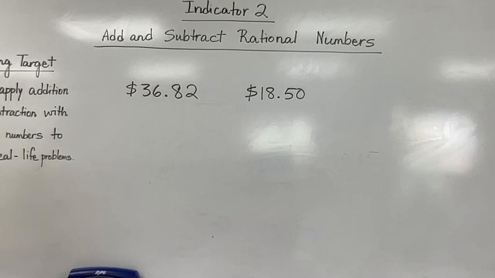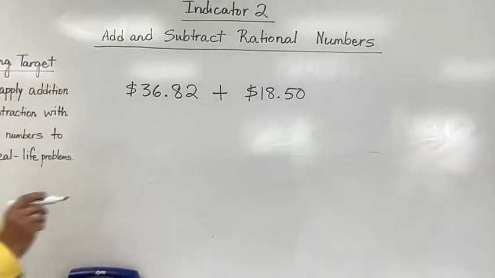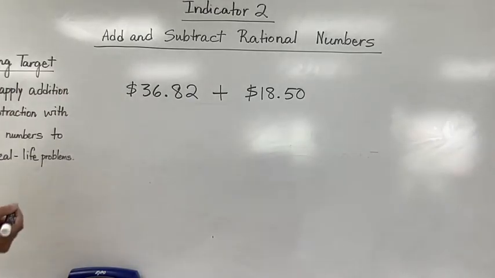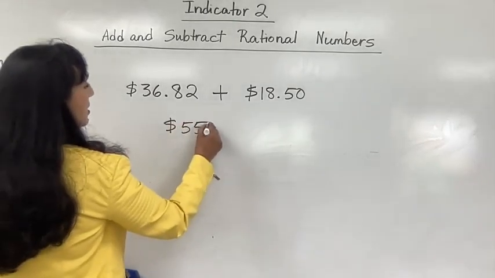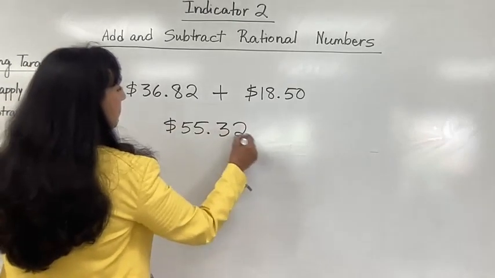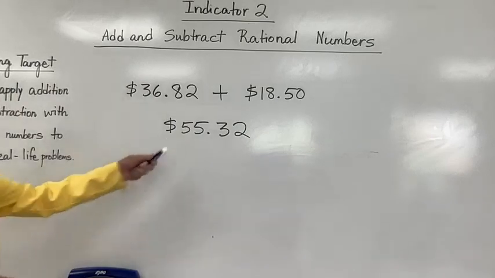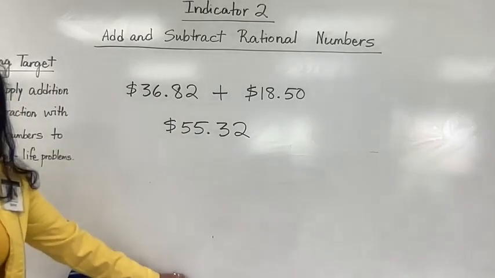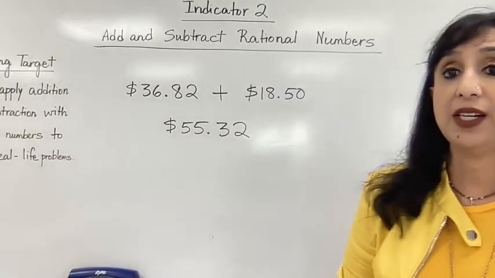So in order for me to calculate the total amount, I am going to add both of these. All right, and when I add $36.82 and $18.50, I am going to get $55.32. All right, so when you ask what is the additive inverse of this, it would be -55 and 32/100.